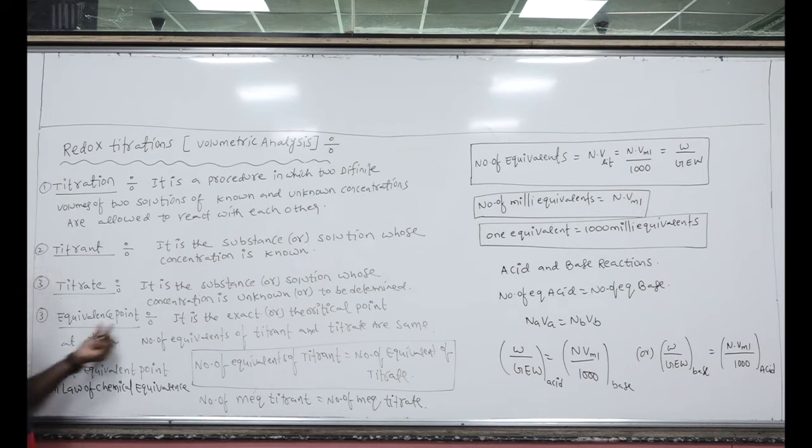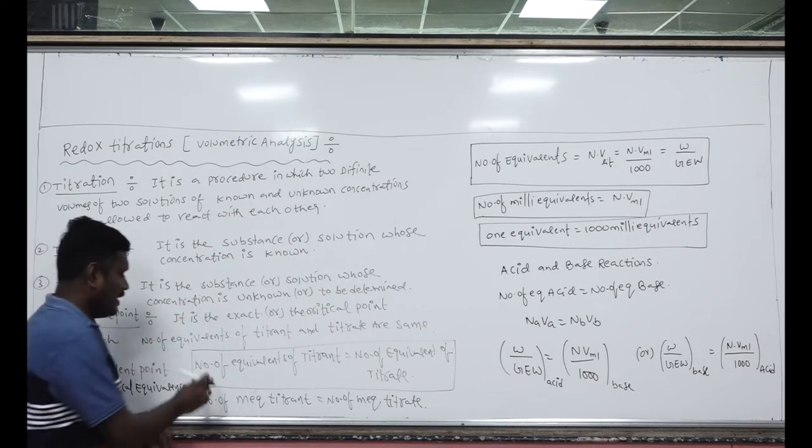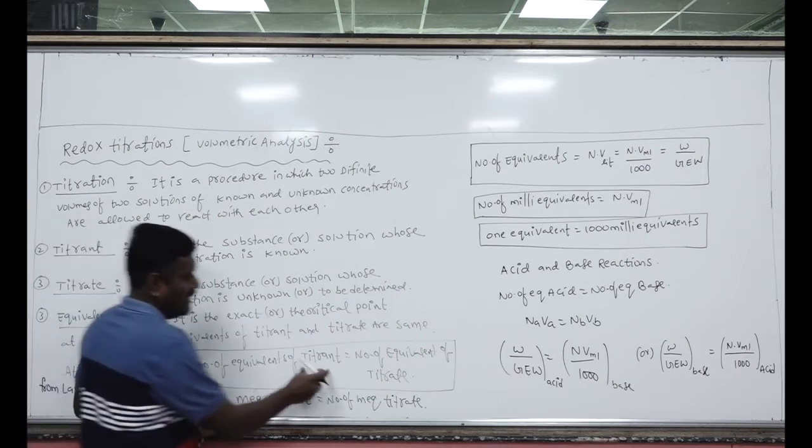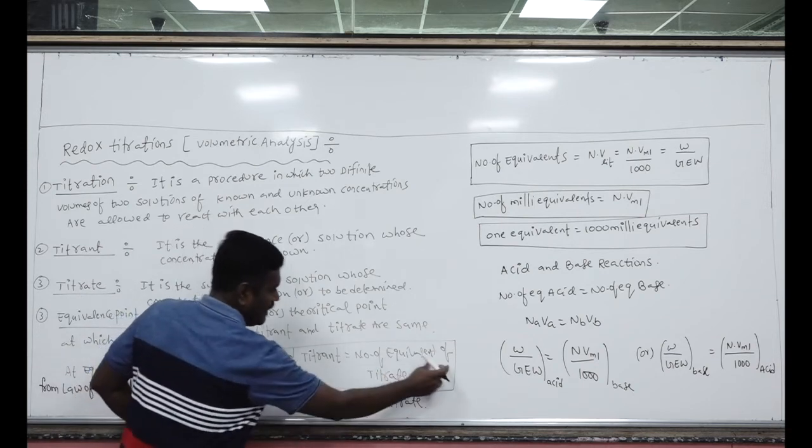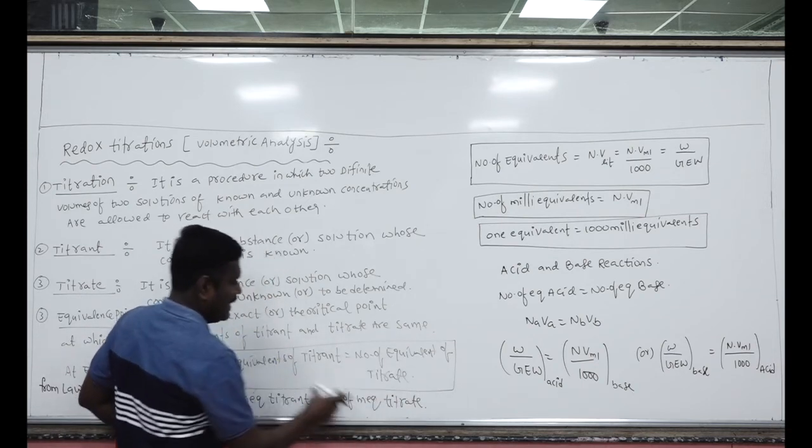Next, equivalence point. Equivalence point is that point where the number of equivalents of a titrate will be equal to the number of equivalents of a titrant.